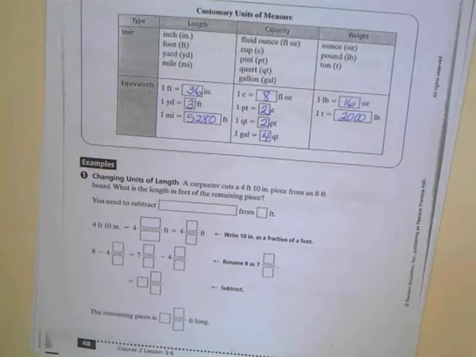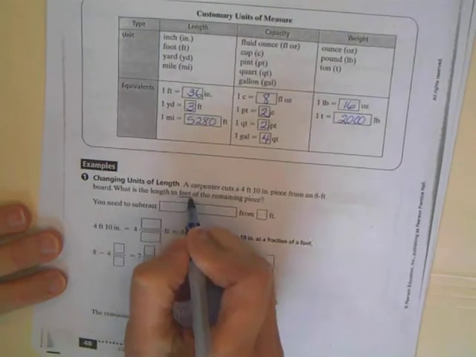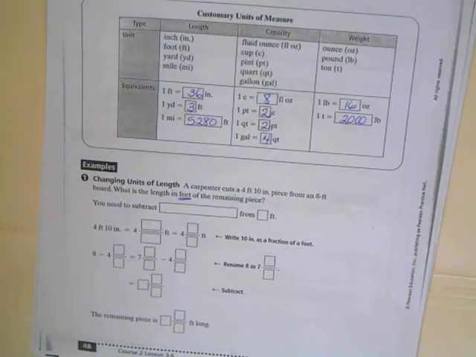Okay. And so let's get down to what we want to be able to do. A carpenter cuts a 4 foot 10 inch piece from an 8 foot board. What is the length in feet of the remaining piece? So your answer is going to need to be in feet, which may be a whole number or could be a mixed number, but we don't want feet and inches.